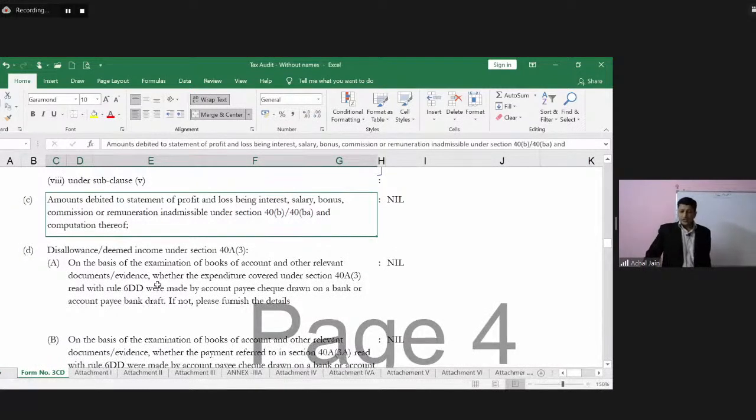So if there are any such components, those are required to be captured.